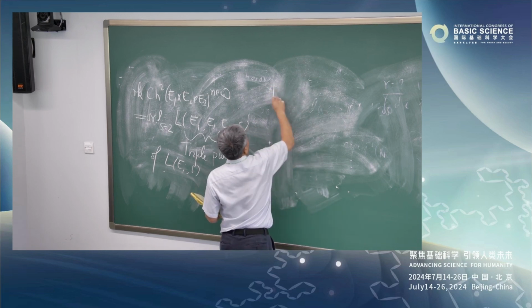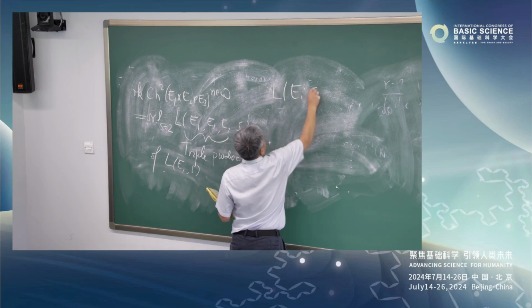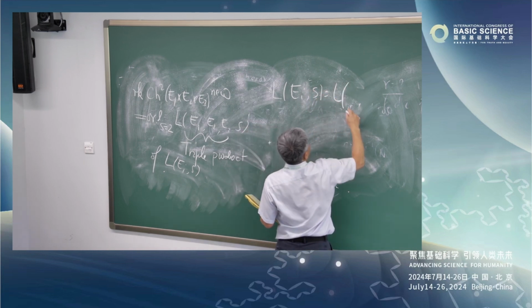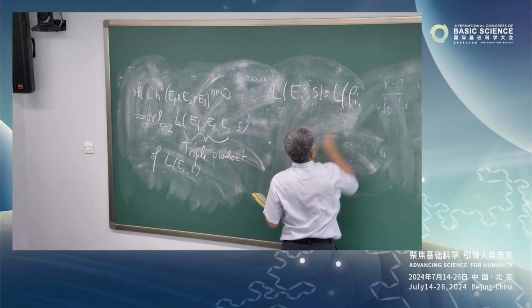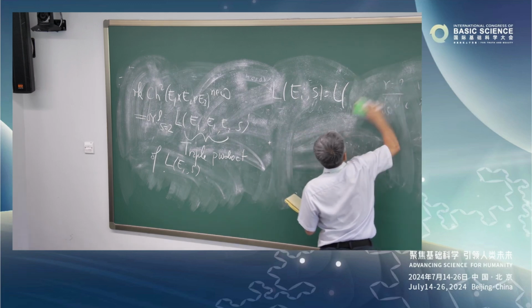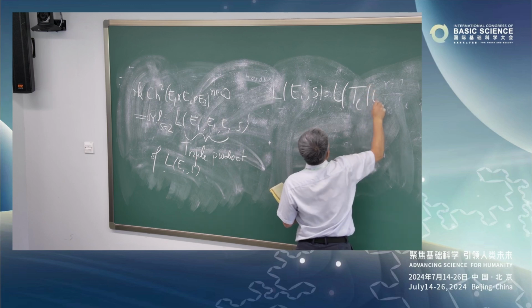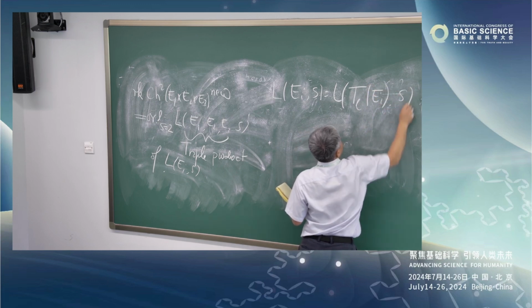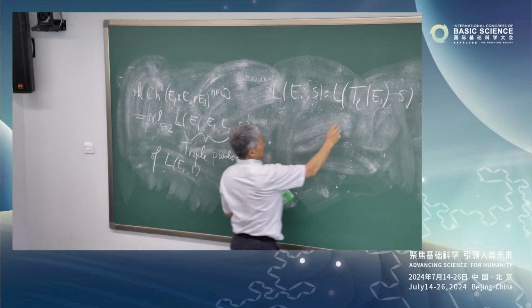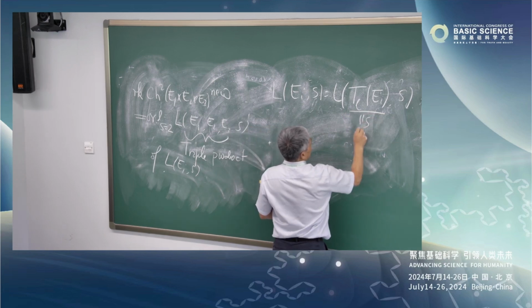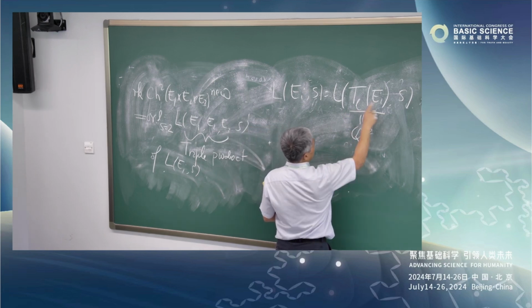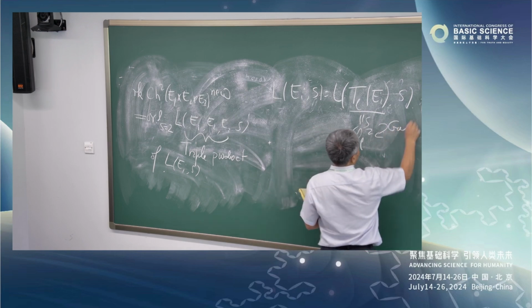So probably it's better to describe these things in terms of representations. If the Tate module of Ei is L, say rho i, the Tate module for example, this is the 2 by 2 matrix with the action by Galois.